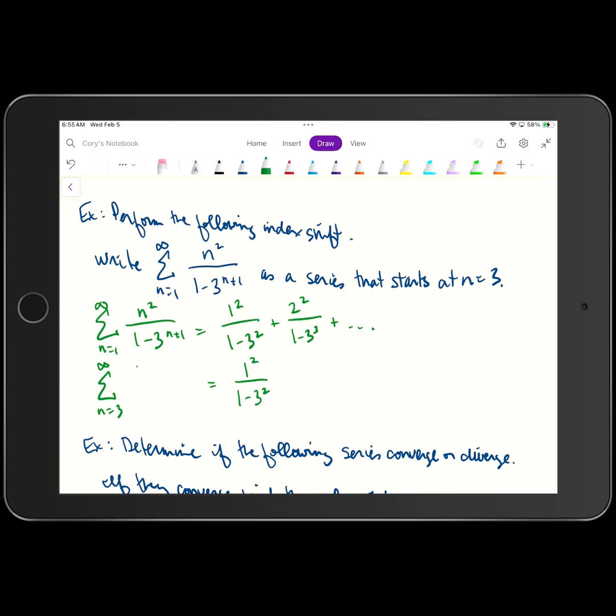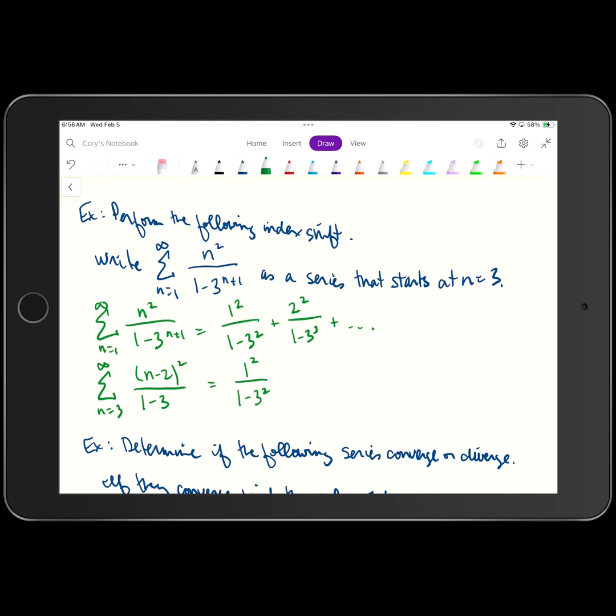So the numerator would have to be n minus 2 squared, because when I plug 3 into that, 3 minus 2 is going to make the first term's numerator 1 squared, and then my denominator would be 1 minus 3.